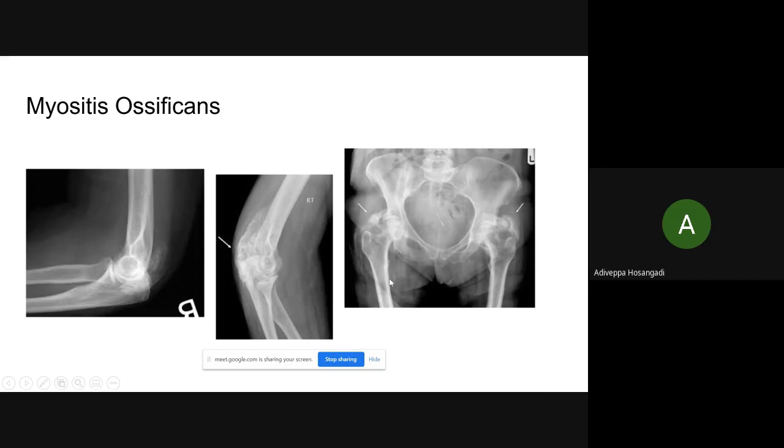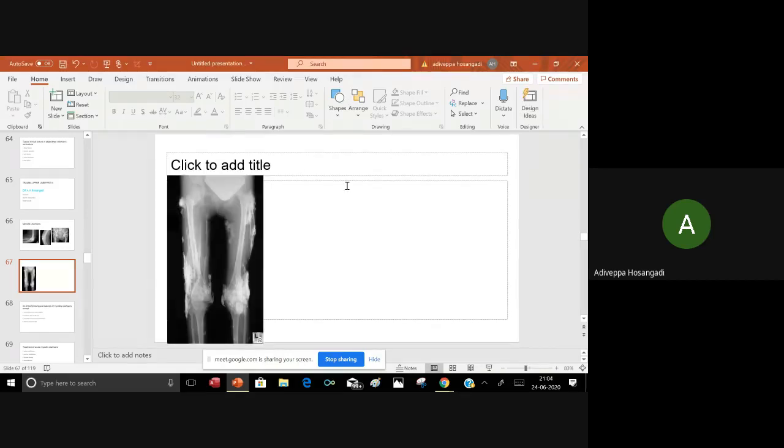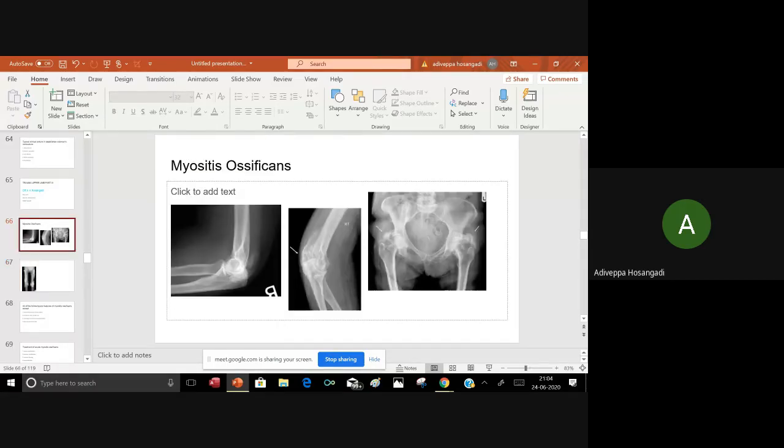1 minute. Pen is not working. One second, Roshan. I am trying to my write something on this.